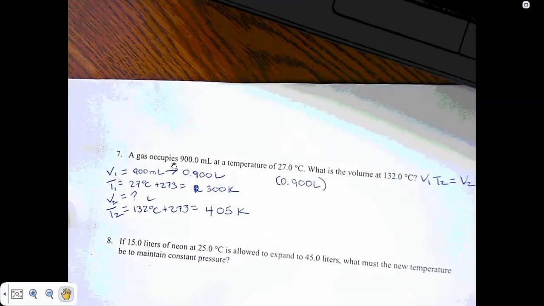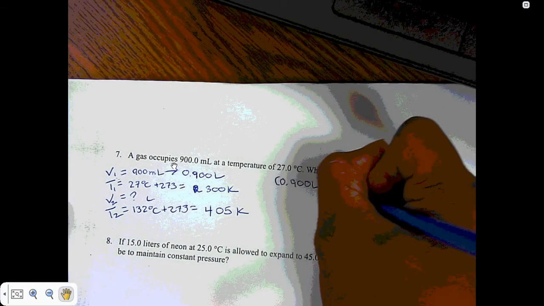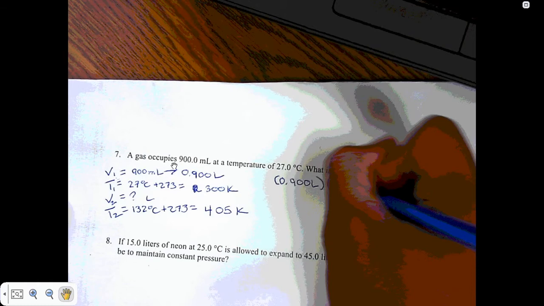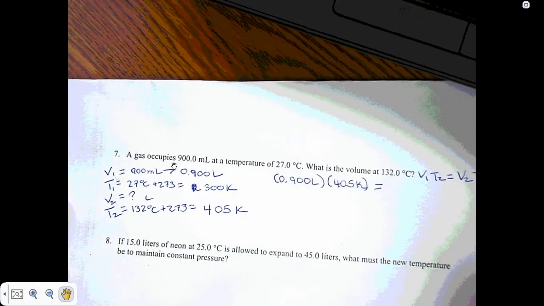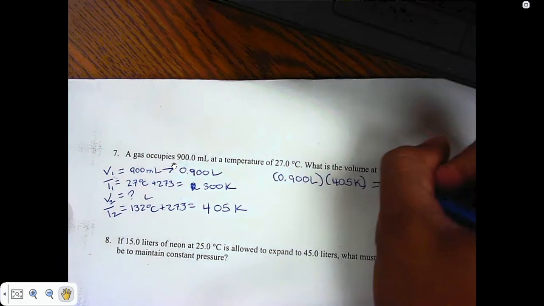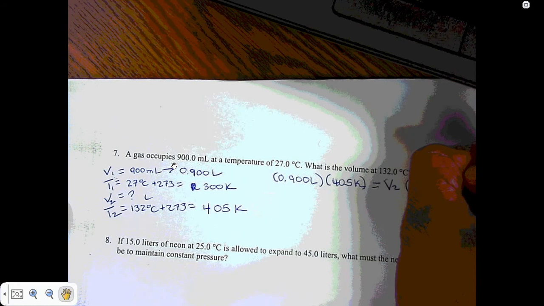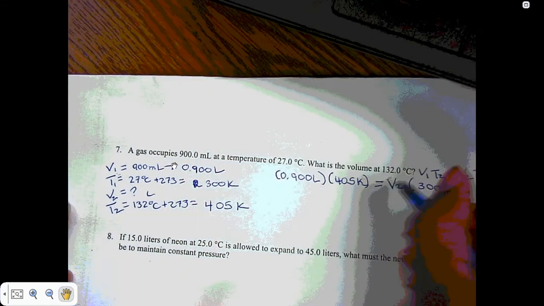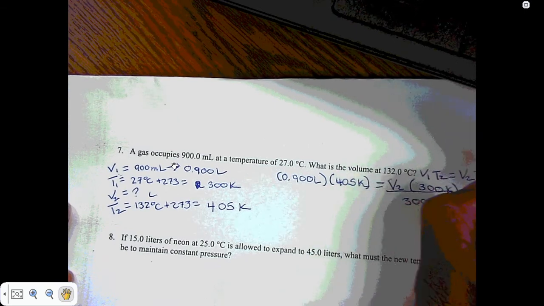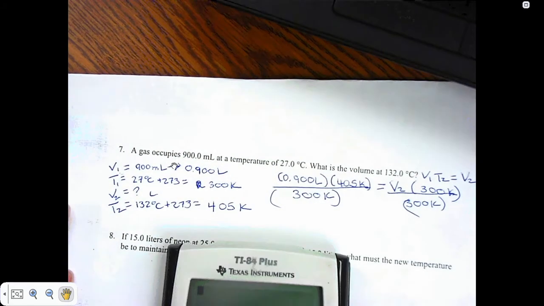Then we'll plug in T2, which is 405 in this case. Then we'll connect that to this V2 that we are not sure of yet, and we'll plug in our T1 value here. Divide both sides by 300 K. And then use our trusty calculator to solve.